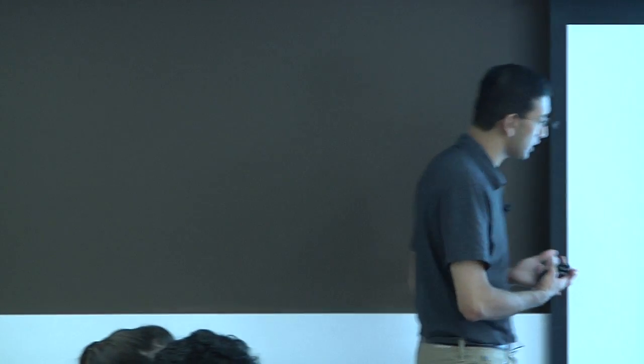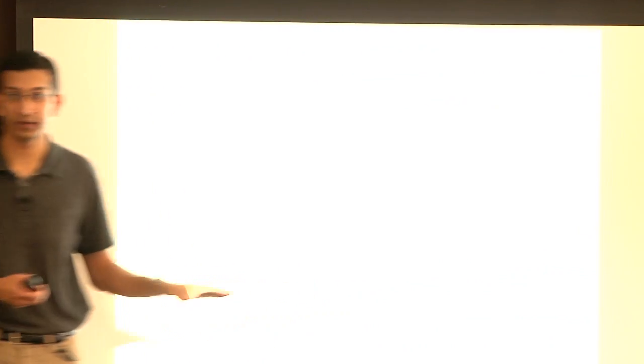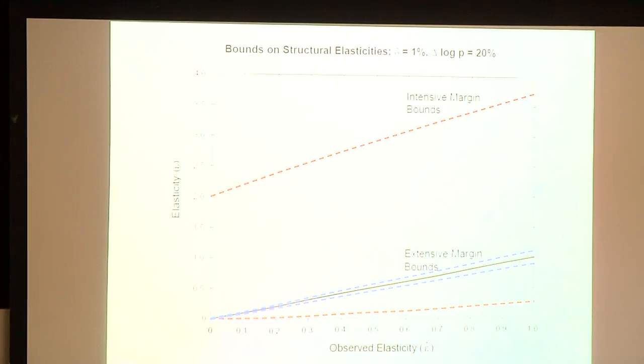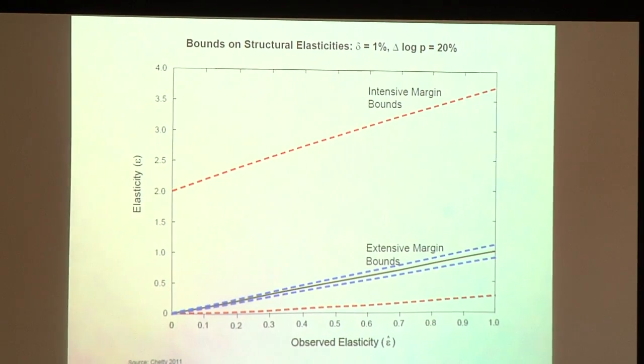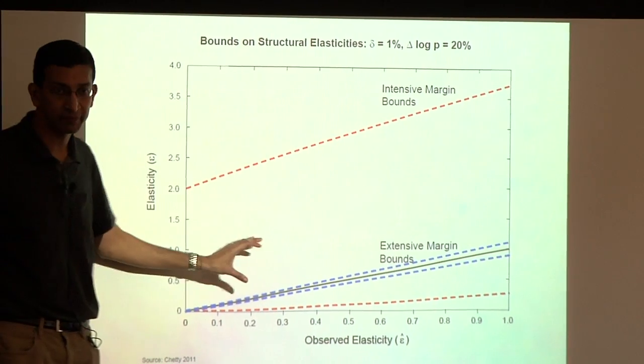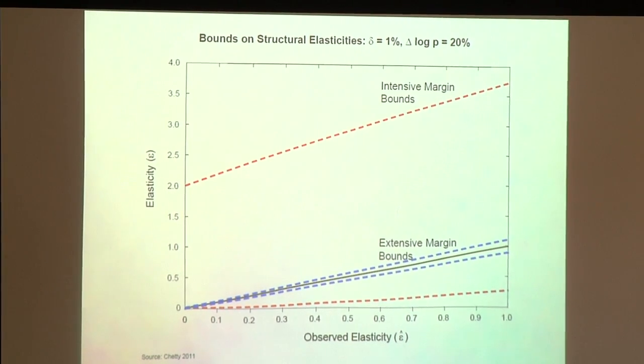So this, I think, is a useful lesson because it suggests that the reason we see very clear evidence of extensive margin responses but not intensive margin responses might have to do with frictions and the identification strategies we use, rather than some deep feature of the economy which says that extensive margin responses are just much more important than intensive margin.